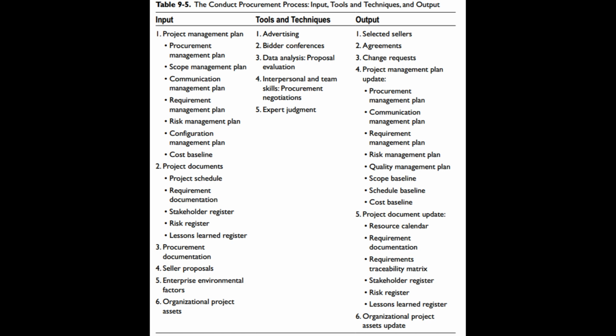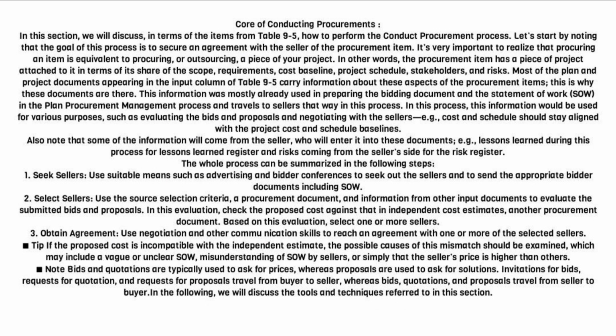Project management plan updates: procurement management plan, communication management plan, requirement management plan, risk management plan, quality management plan, scope baseline, schedule baseline, cost baseline. 5. Project document updates: resource calendar, requirement documentation, requirements traceability matrix, stakeholder register, risk register, lessons learned register. 6. Organizational process assets updates.